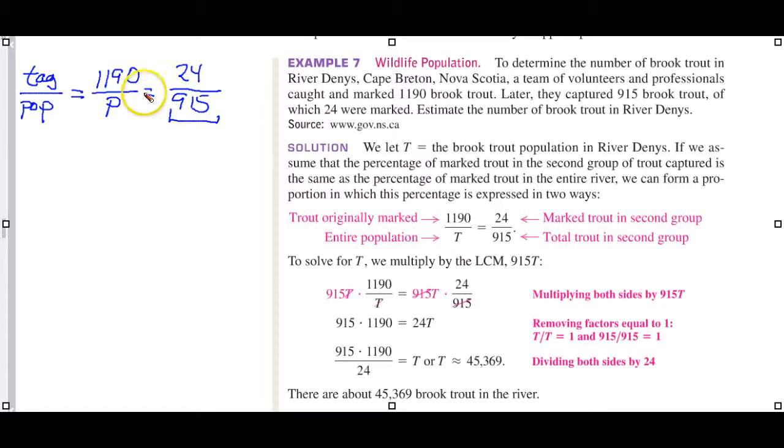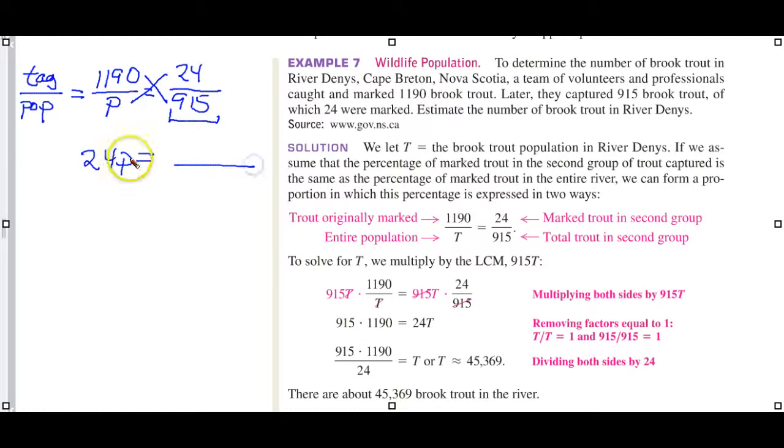So to find then what would be your estimate of the total population, you're just going to cross multiply. And when you do that, and they have the work down here, they're using a little different technique. I like the cross multiplication. So this would be 24p. And I guess this number is whatever that is.